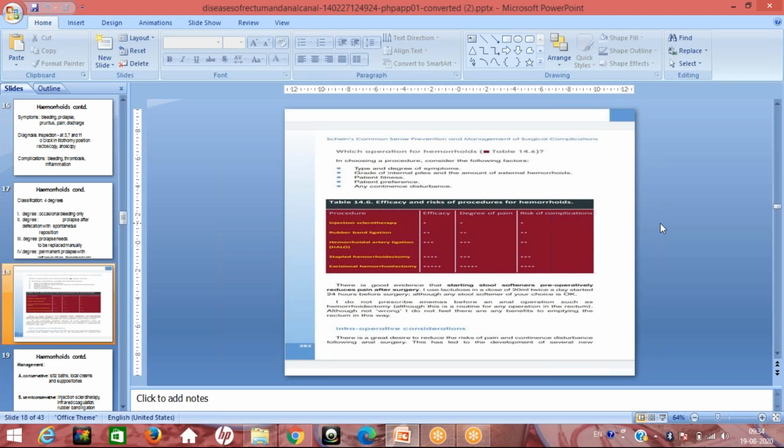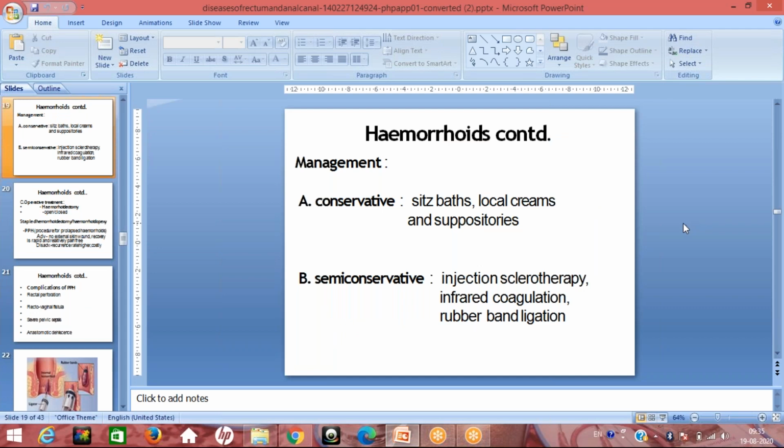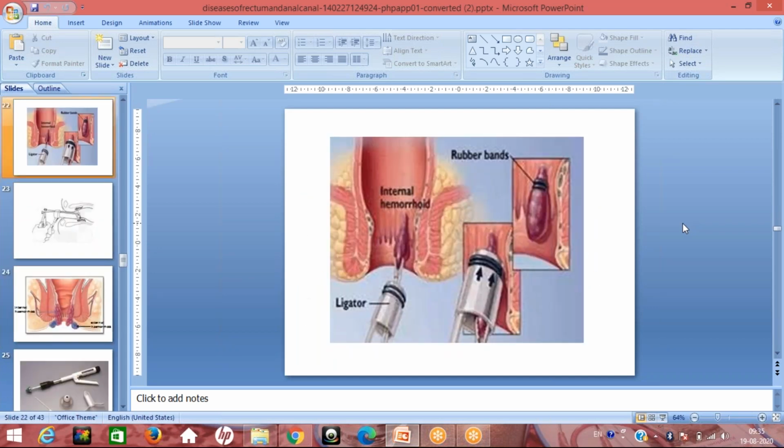In case of first and second degree hemorrhoids, you can use either sclerotherapy or Barron's banding. This is a Barron's banding apparatus. There is a suction with which the hemorrhoid is grasped.